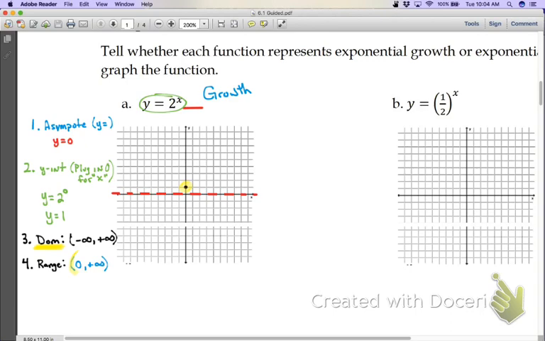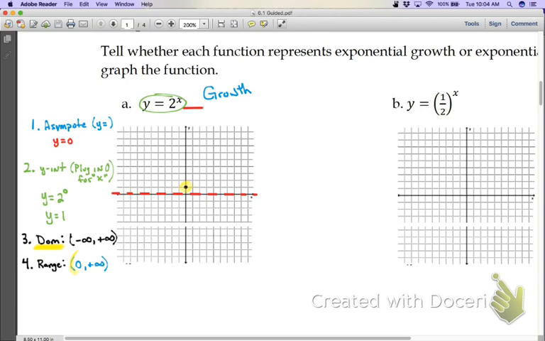So as far as my graph, it just becomes finding a few spots that make this easier to graph. What's a good number to plug in to find another point on my graph? What would be a good number to plug in for x? I already have 0. What would be another one? 1.